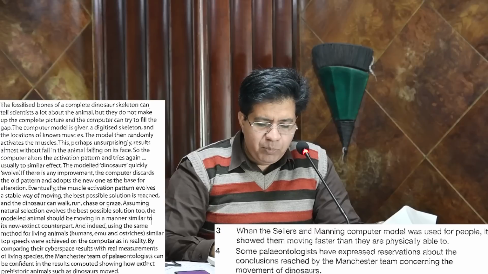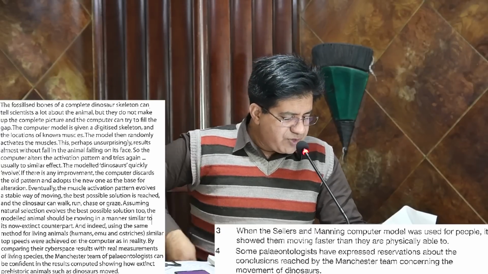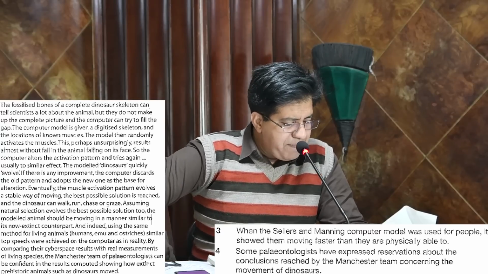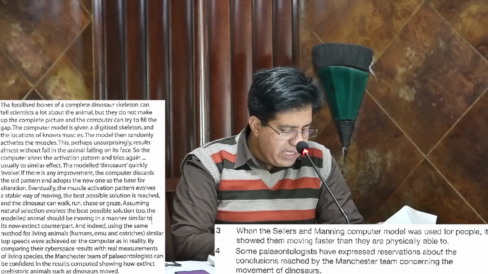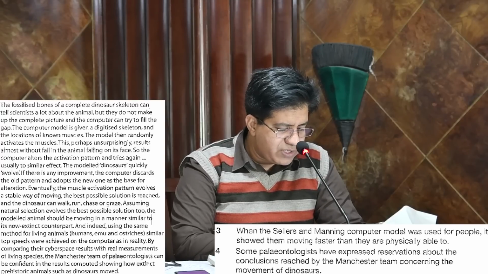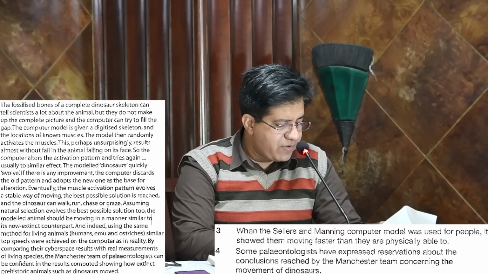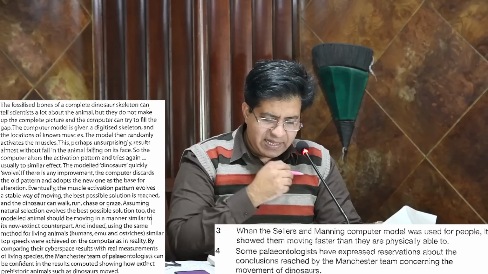It showed them moving faster than they are physically able to. Let's read again. And indeed, using the same method for living animals, that says human, emu and ostriches, similar top speeds were achieved on the computer as in reality by comparing their cyberspace results with real measurements of living species, and then they go on.